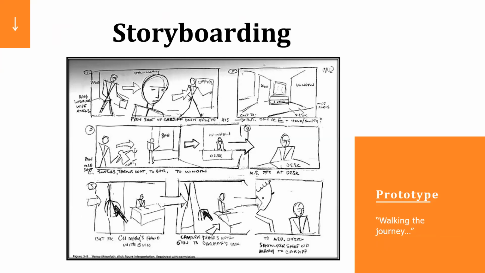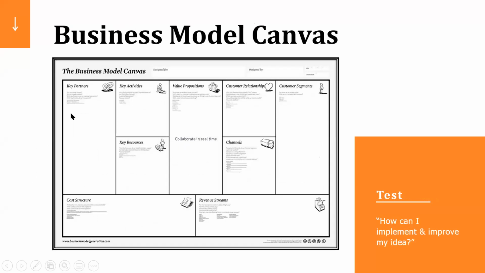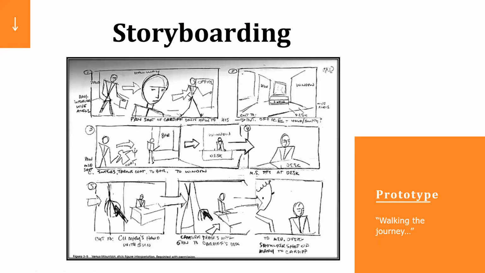But say you already have a clear idea on the storyboard, and based on your standard it's viable, then you should be able to test it first. After we test it, we can see the reaction of the people that use our product, then we can go back on the feedback loop and see, okay, there are some things that I can add, and some things that I can improve.